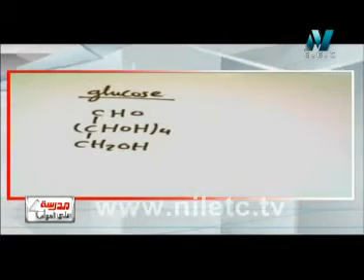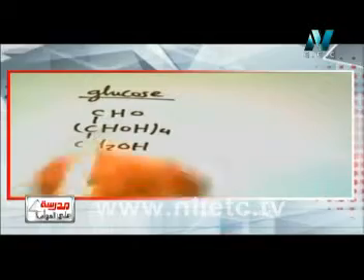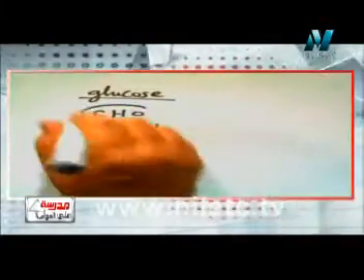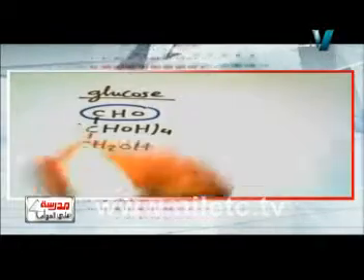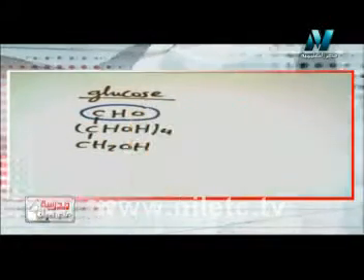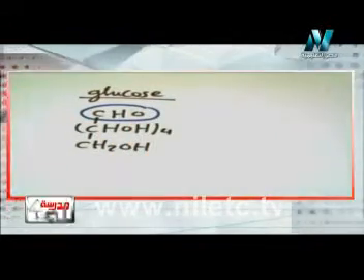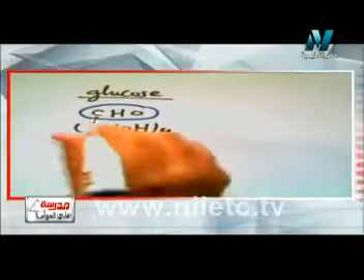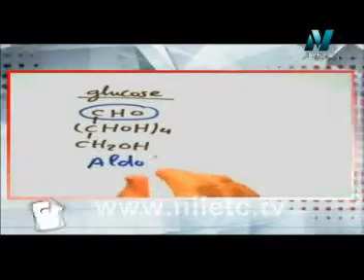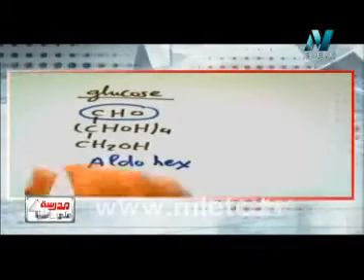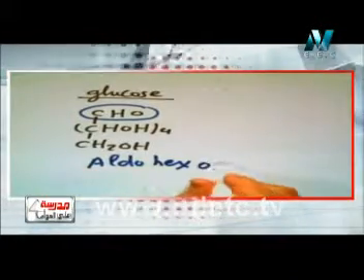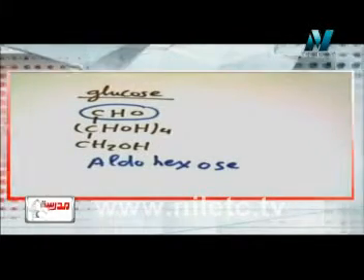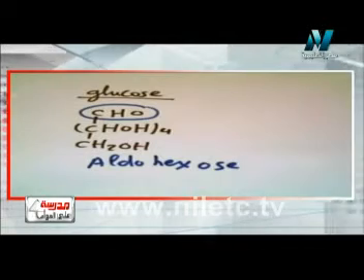Besides the hydroxyl group, it contains a CHO formyl group, an aldehyde. So we can consider glucose an aldehydic compound, called aldohexose. Aldo due to the presence of the aldehydic group, hex because it contains 6 carbons, ose the suffix of sugar, as in glucose, fructose, sucrose, rhamnose.